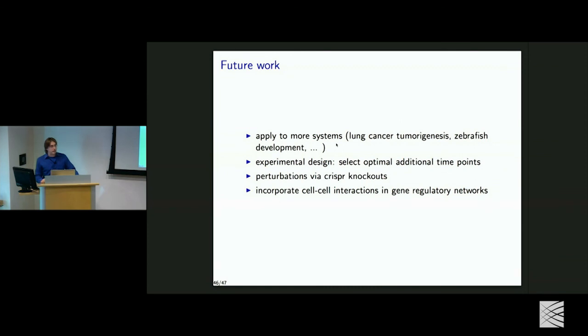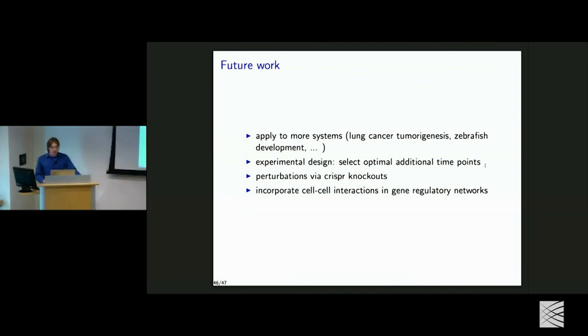Yeah, and there are a lot of other data sets that we're excited to apply this to. In general, data sets where there's a time series, because we need this time information. There are also interesting experimental design questions, like how can you select optimal additional time points, for example.